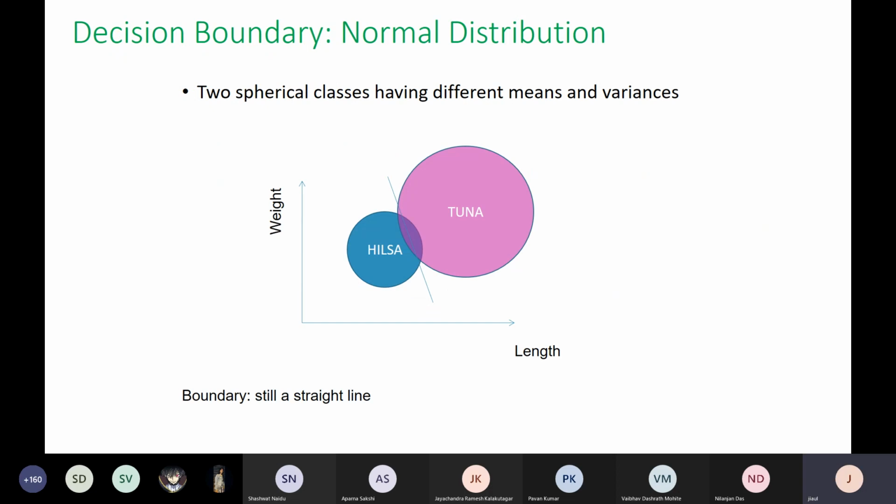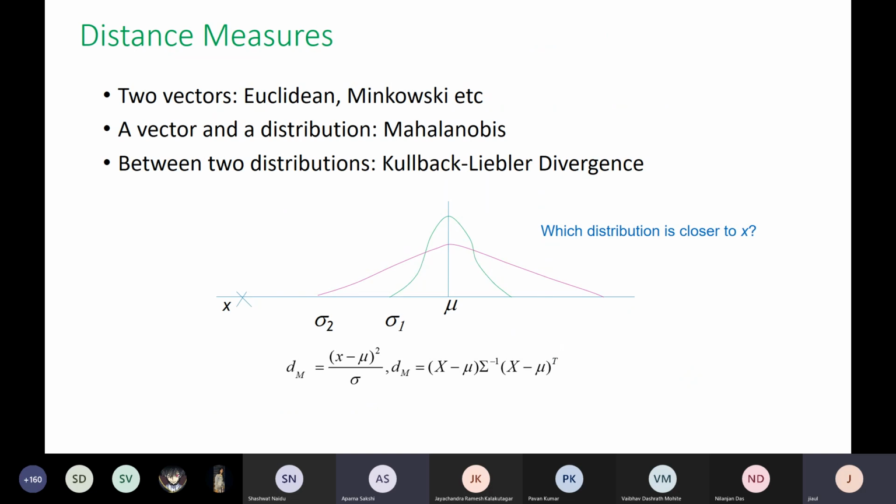Now, the other kinds of decision boundaries you can think about: one is big, another is small. Explain why Mahalanobis distance is the right thing to do in this case. That's just the nature of the distribution and the distance measure; you can take that into consideration.